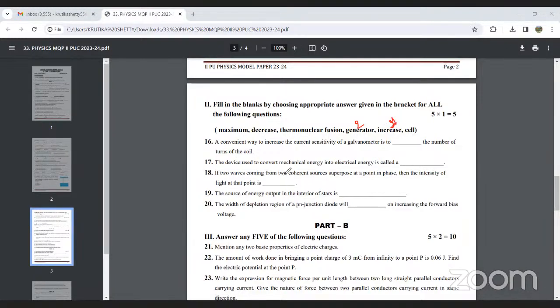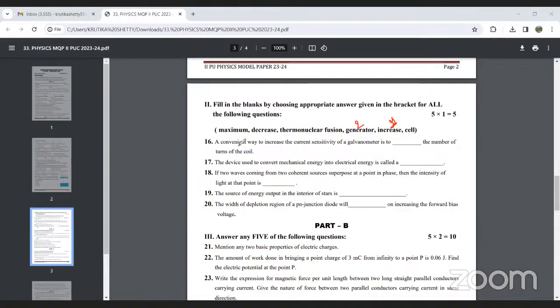Question 18. If two waves coming from two coherent sources superimpose at a point in phase, then the intensity of light at that point is.